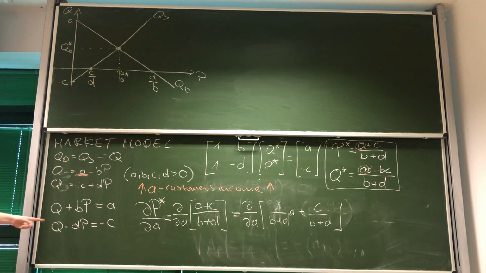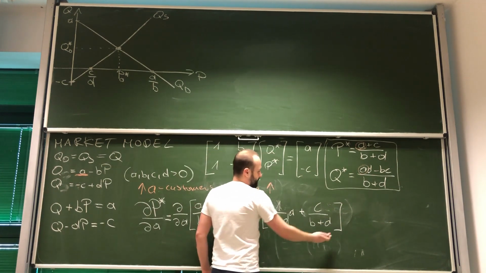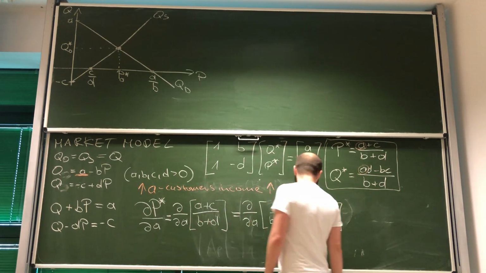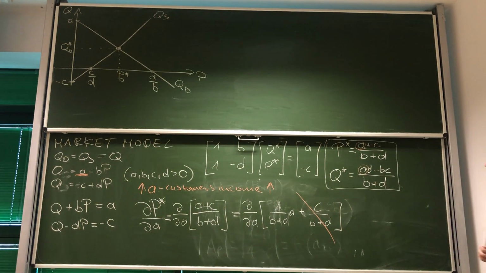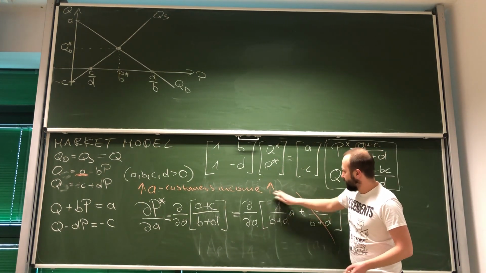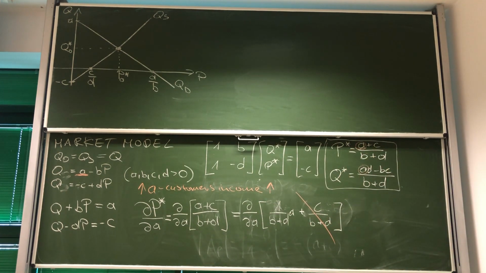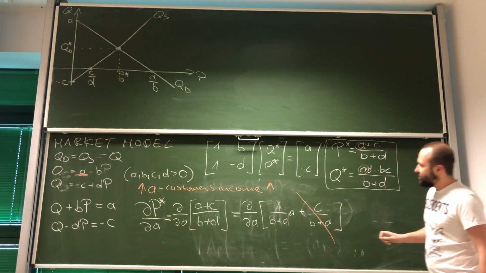So look, what's going to happen over here is that this part does not contain A, so it's gone when we differentiate. And look, here we've got a more complex expression with A, but look, calculating it is extremely easy.